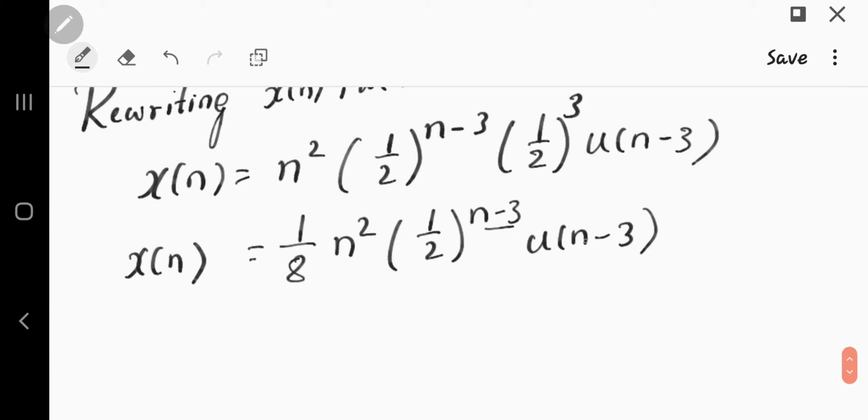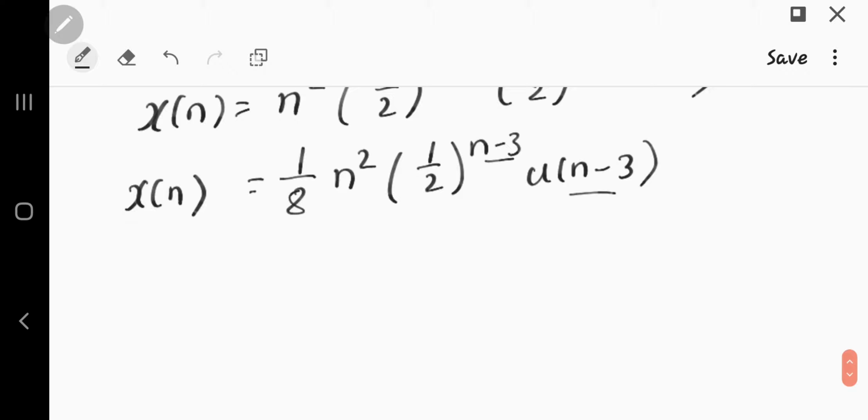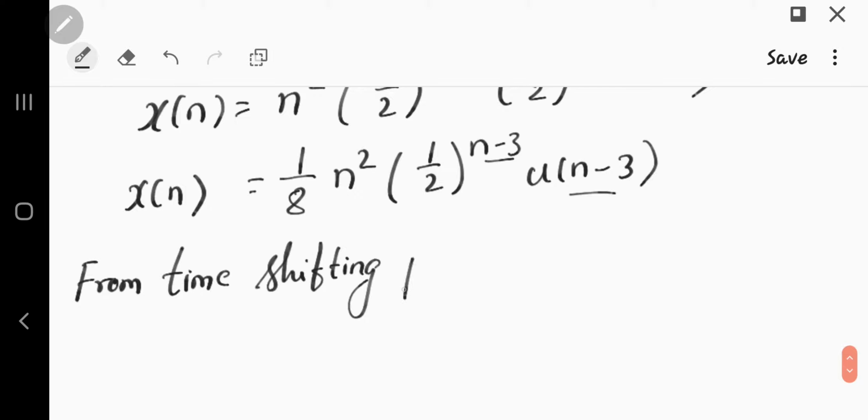Now you can see we have the same shifting here, so we can apply the same time shifting property. What does it say? From the time shifting property, now I am considering only this part of the input, I am not touching this 1 by 8 n square.